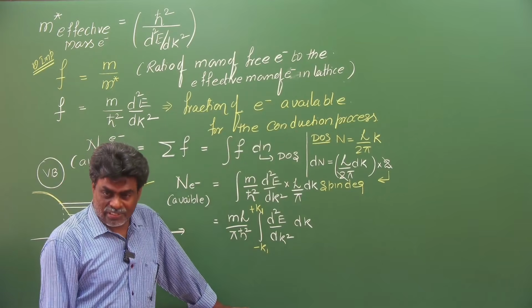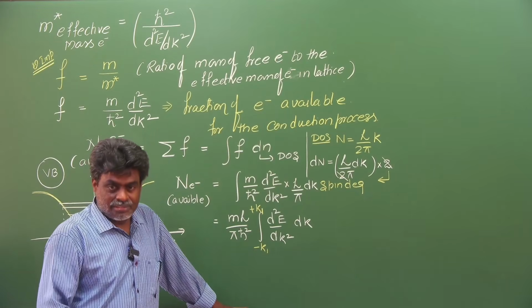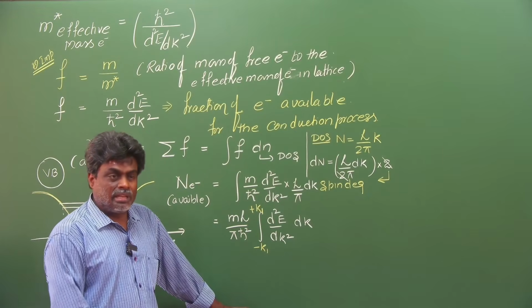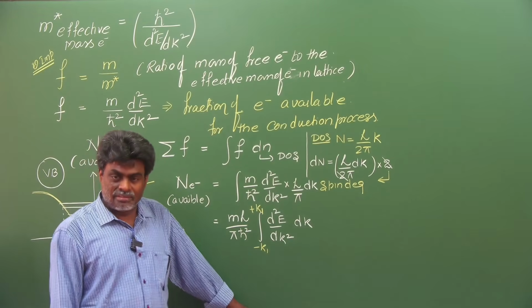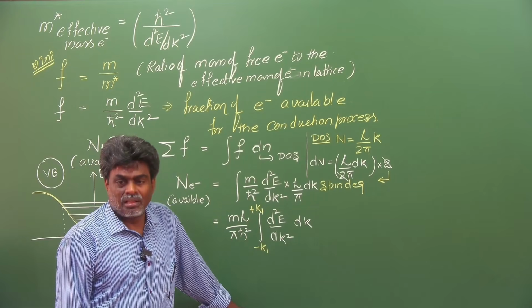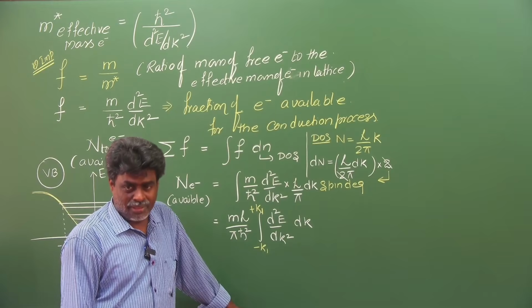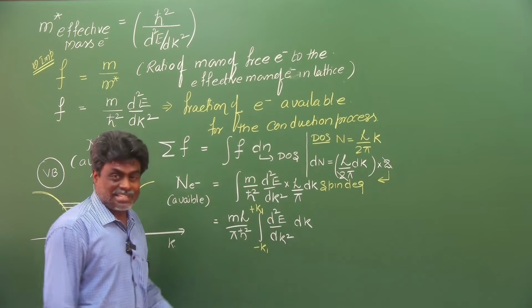Let us say an odd function. Take the first derivative, what will you get? Even. Take the first derivative again, you get a minus. So now what is d square E by dk square?